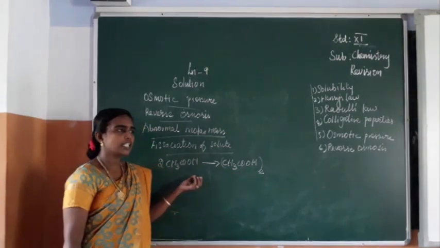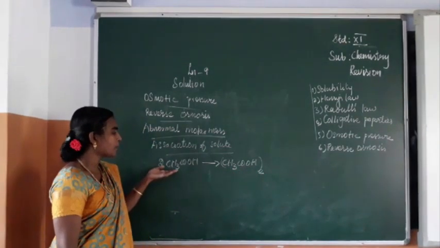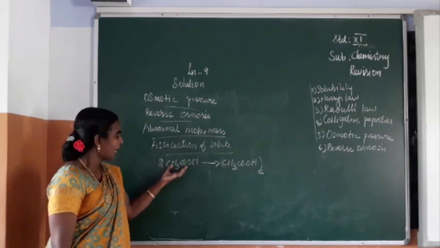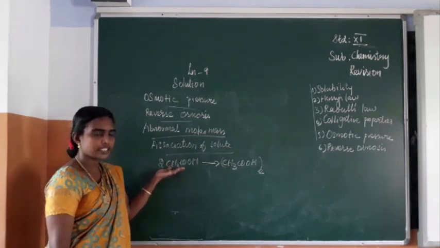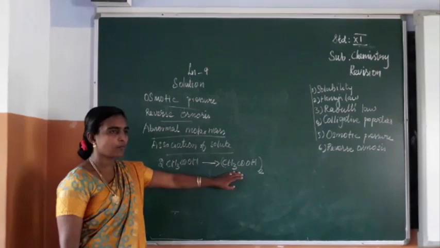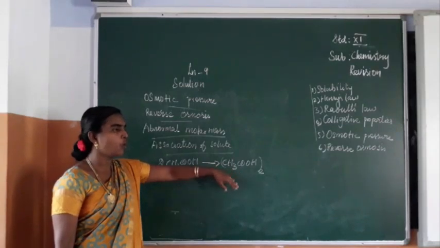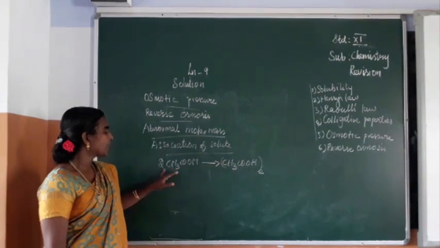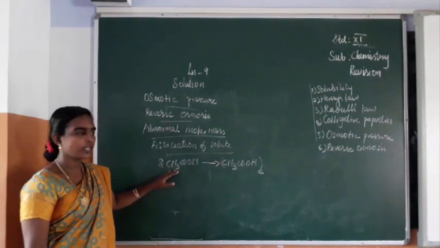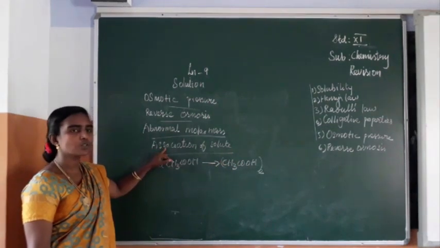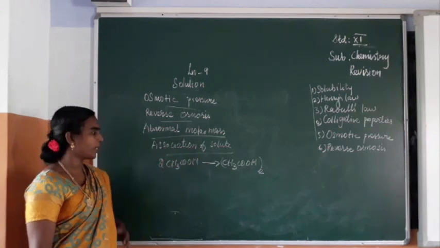When you compare the actual molar mass of acetic acid and the experimental molar mass, the experimental molar mass value is more than the normal molar mass, because of this associative property of the solute particle.